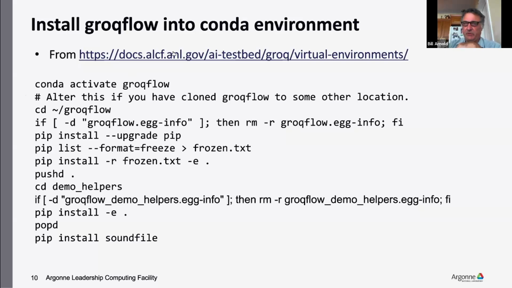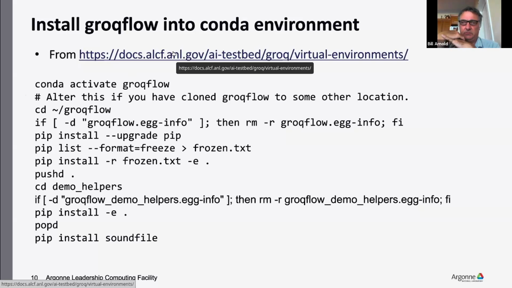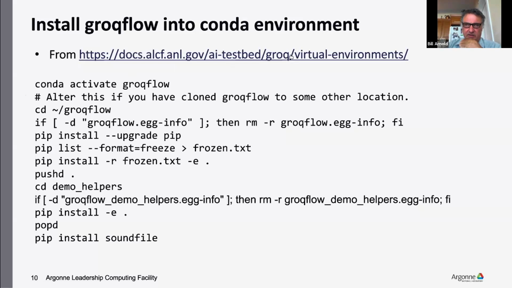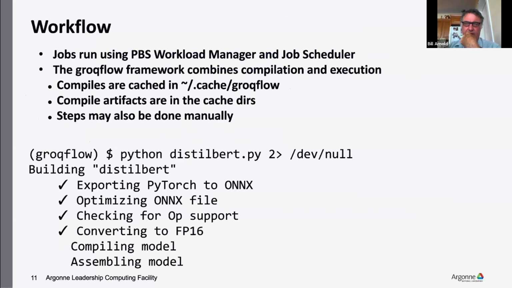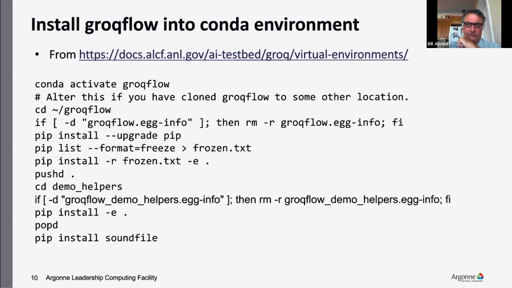And we've documented the procedure along with other aspects of Groq at our ALCF documentation website. The link is up top, docs.alcf.anl.gov, etc. And this takes about, I don't know, 3 or 4 minutes to do from scratch. And you only need to do that once per release.